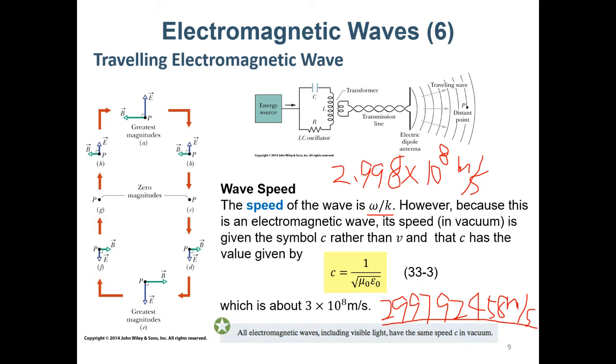Hopefully I remember it correctly. And the speed of light is given by this expression: 1 over the square root of mu naught epsilon naught.